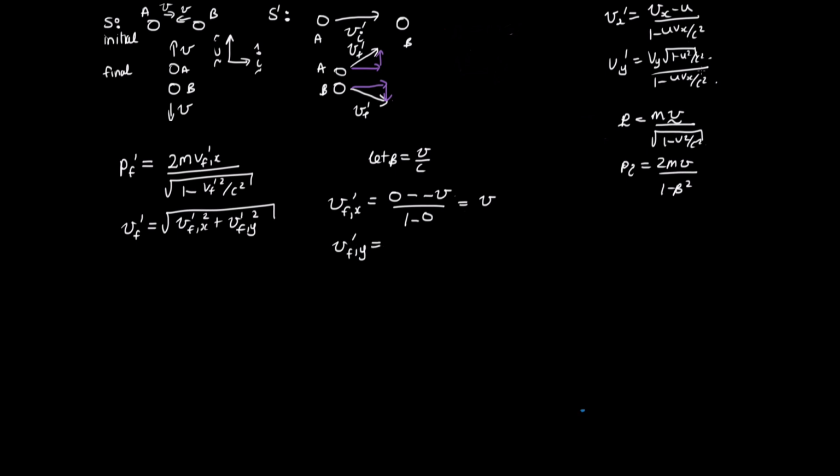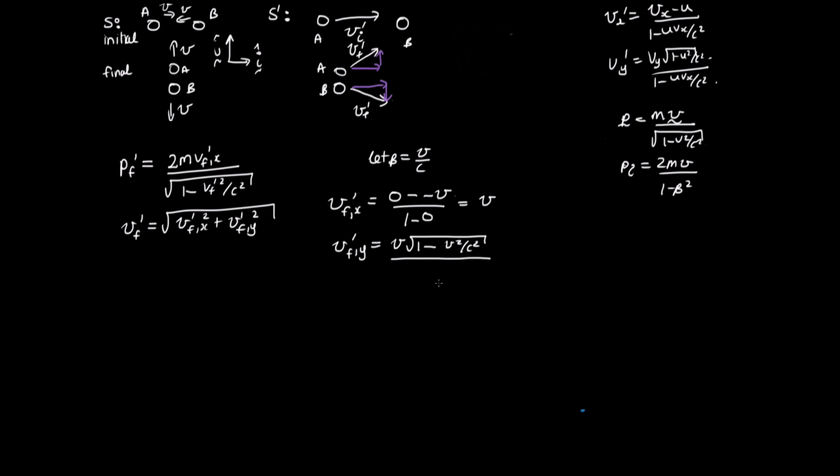And to do that, we'll need to use this equation here. So Vy, that is the velocity of the ball in the unprimed frame in the y direction. So that is equal to v, and then we've got times the square root of 1 minus, now u, that's the speed of this frame along the x-axis, so that's minus v squared, so that'll be v squared on c squared.